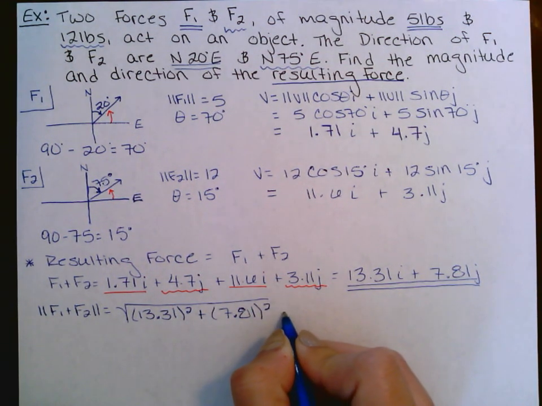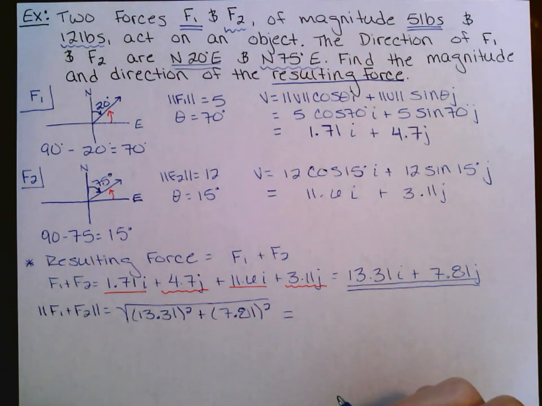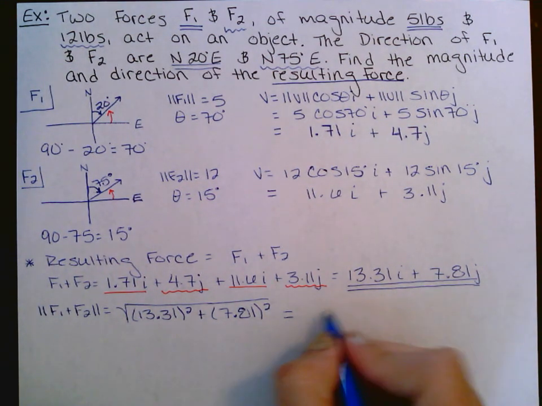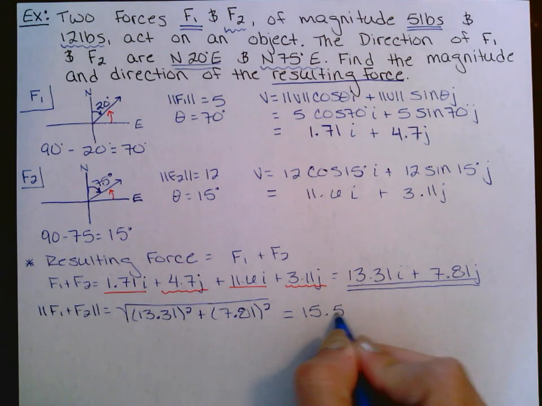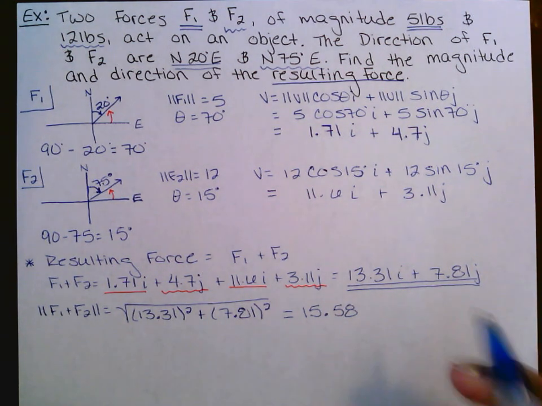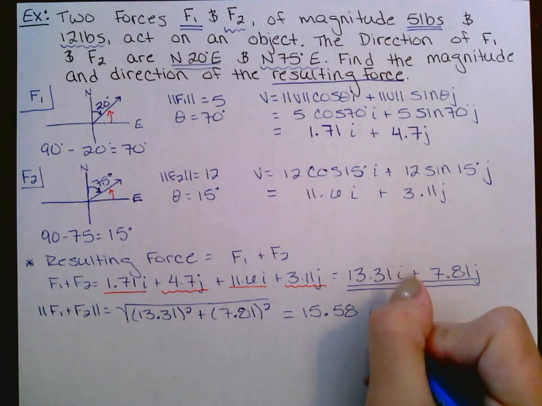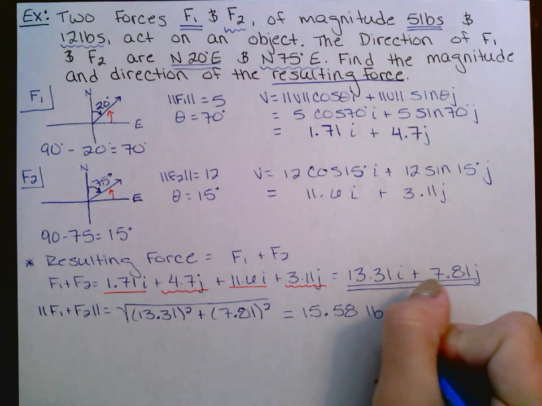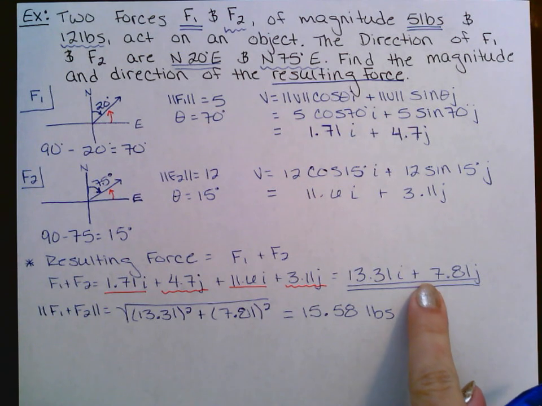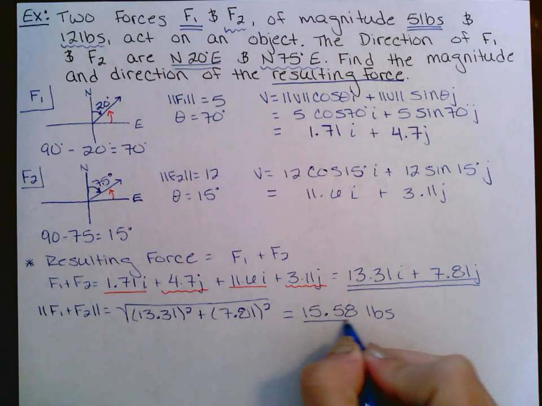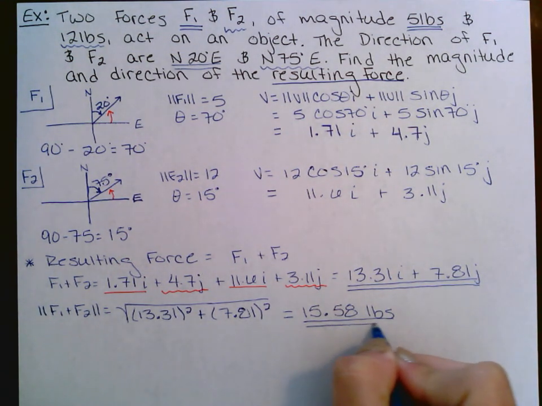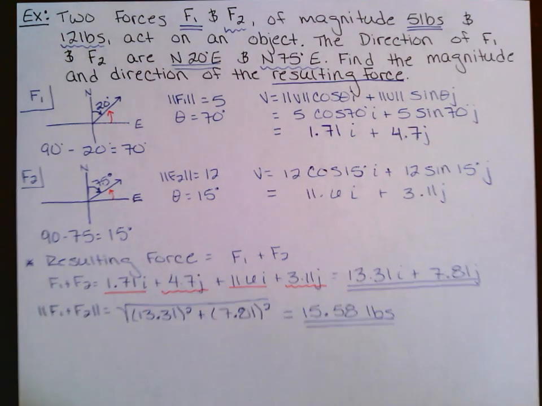And feel free to take your calculators out for this, okay? You should end up with 15.58, and if we look back at our question, it said that our units was pounds. Okay, so we have our resulting vector. We have the magnitude of that resulting vector. And then we have left to find the direction.